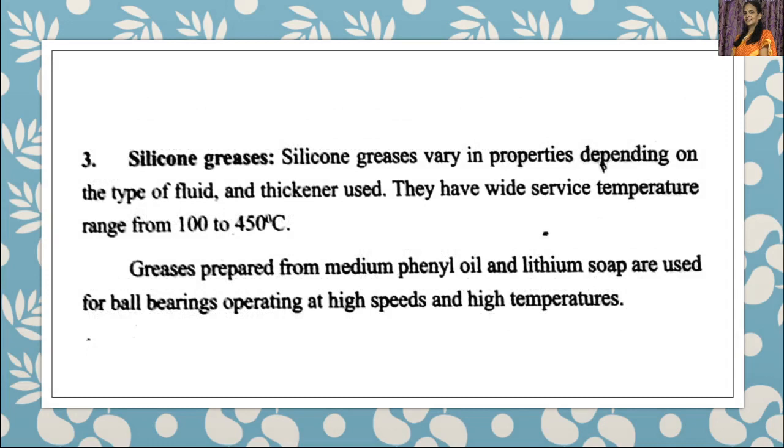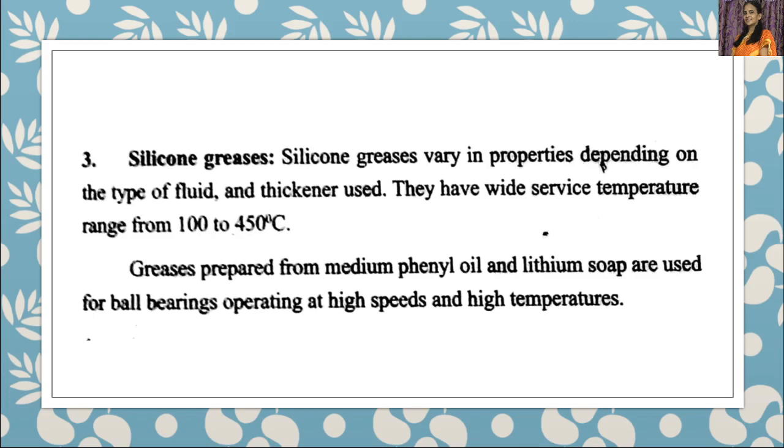Next one, silicone greases. Silicone greases vary in properties depending on the type of the fluid and thickener used. So these greases will have different properties depending on the fluids and thickeners used, and they have a wide service temperature range, that is about 100 to 450 degrees centigrade.